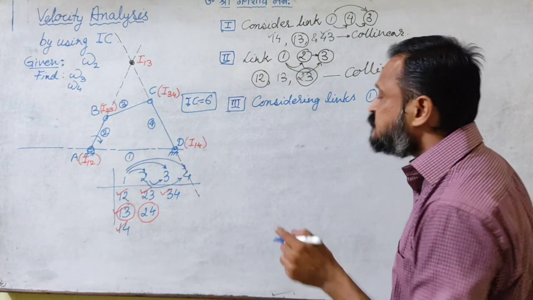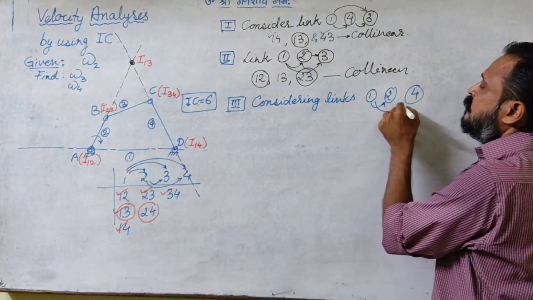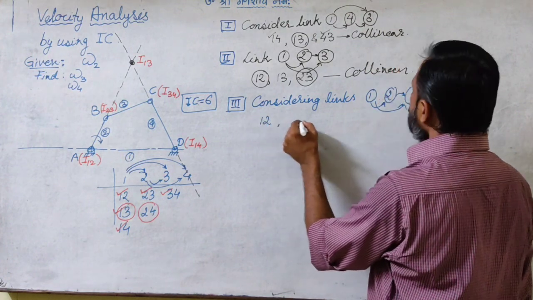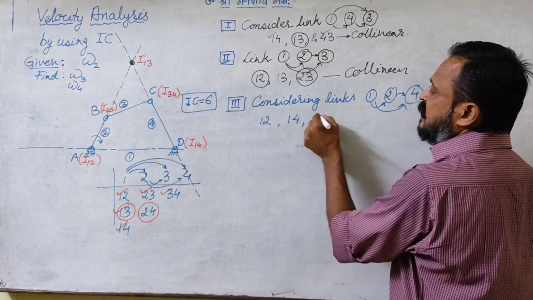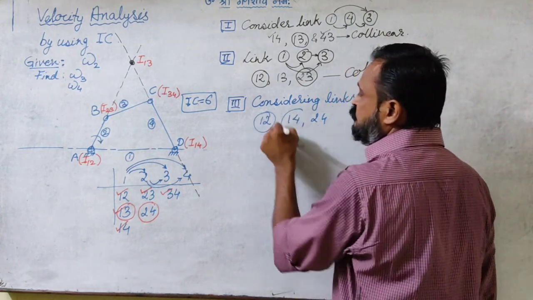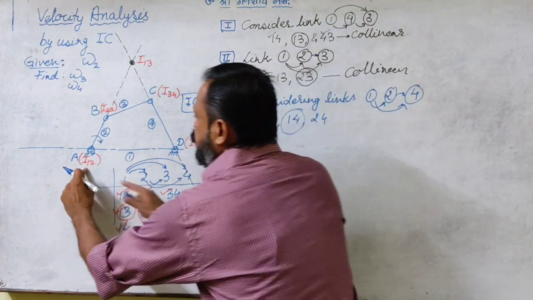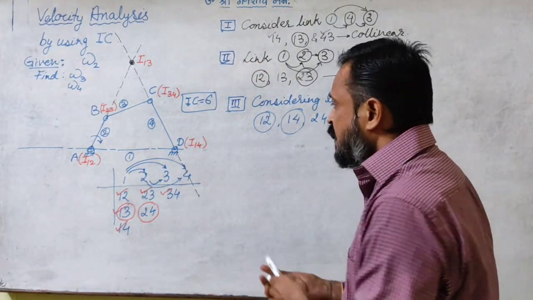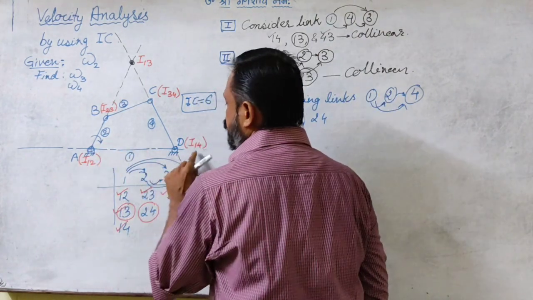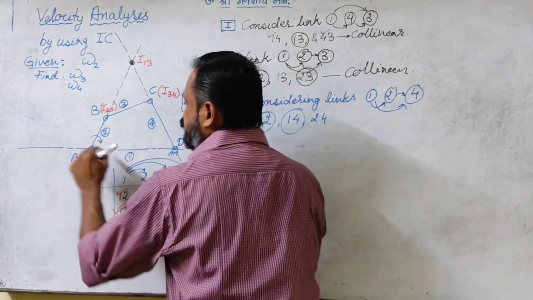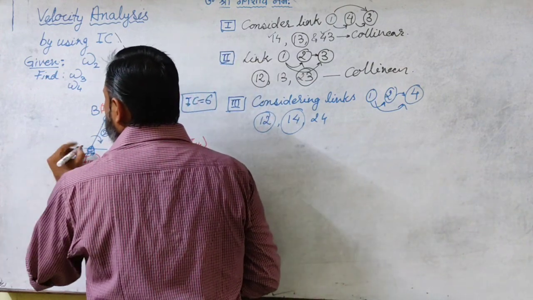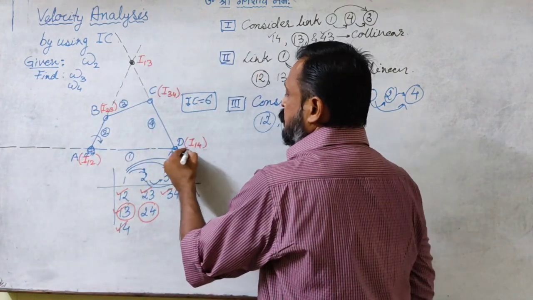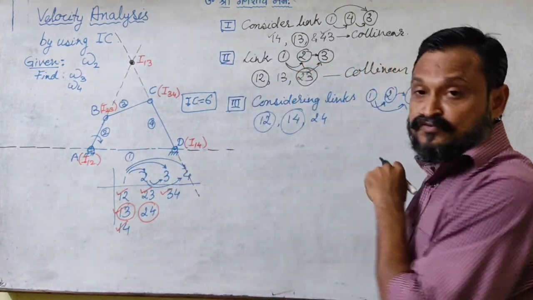So the instantaneous centers we will get are 1,2, 1,4 and 2,4, out of which 1,2 and 1,4 are already determined. So if I join these 2 points, that is A and B, and extend it, somewhere on this line I will get the instantaneous center 2,4.